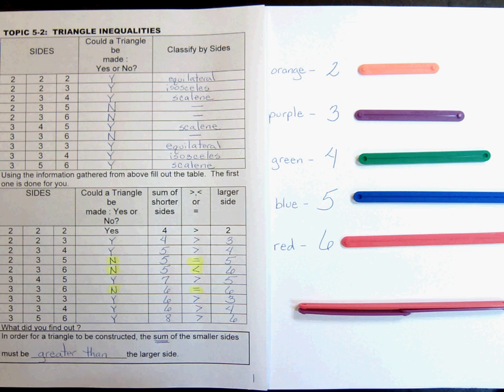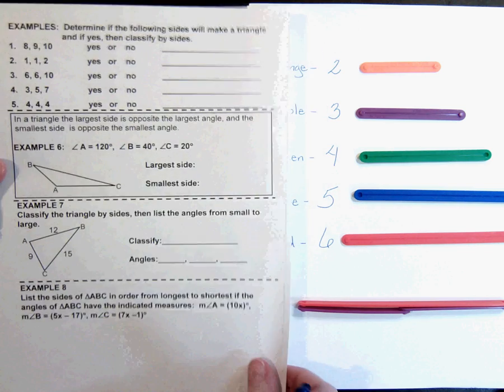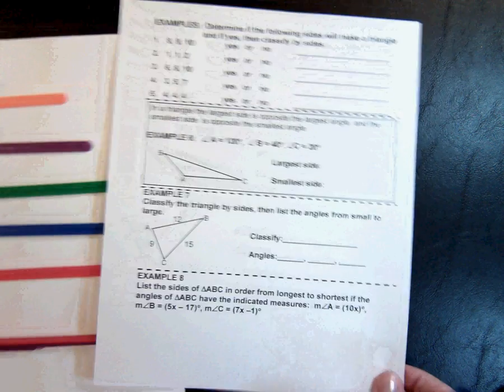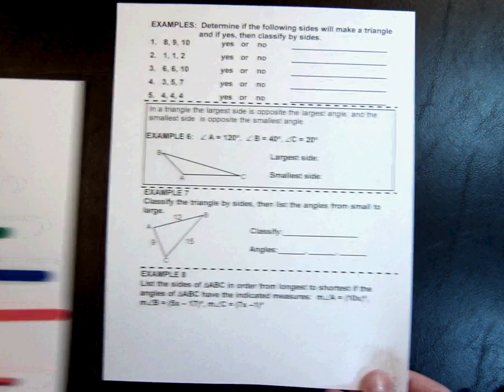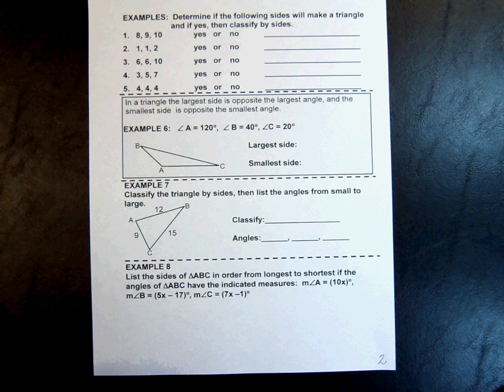So, moving on to the next example, they don't actually number these examples. For this example, we'll get rid of our triangle snaps and look at this one. You've got to determine whether the sides would make a triangle, and if yes, then classify it by its sides.